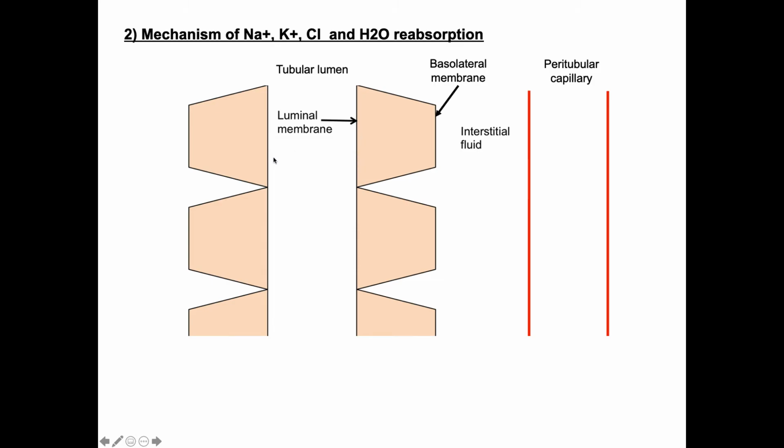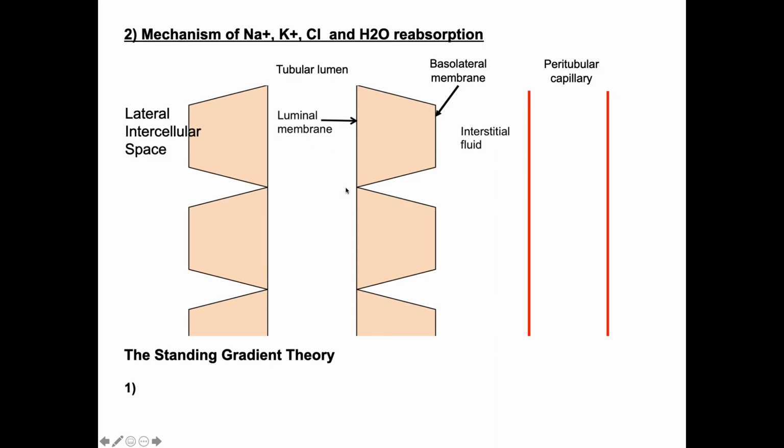This membrane faces the lumen, so the filtrate is moving through here. This is the basolateral membrane. The basolateral membrane faces the peritubular capillary. Right? So let's keep this orientation in our minds. Luminal membrane is closer to the tubular lumen. The basolateral membrane is facing the peritubular capillary.